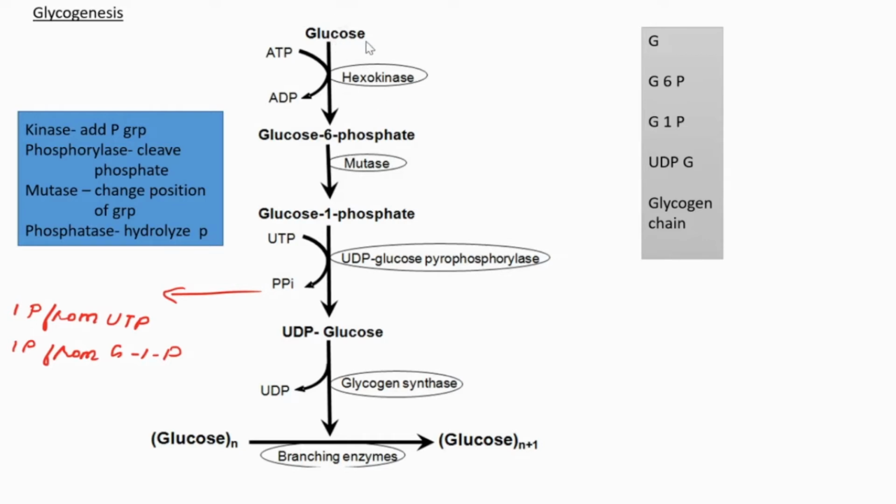This is a 6 carbon molecule, and hexokinase acts on this glucose to convert it to glucose 6 phosphate. For this step, energy is required. That energy is provided by one molecule of ATP, and that phosphate is also taken from ATP.